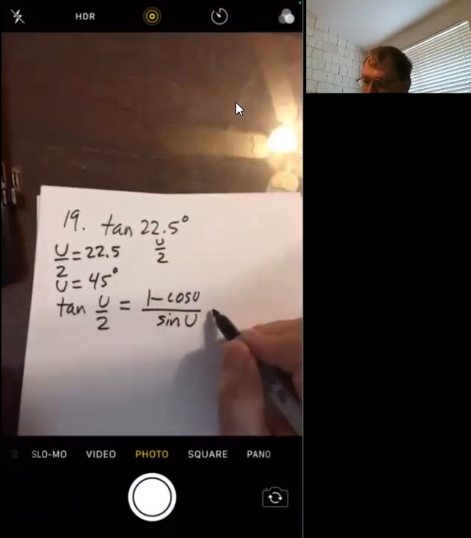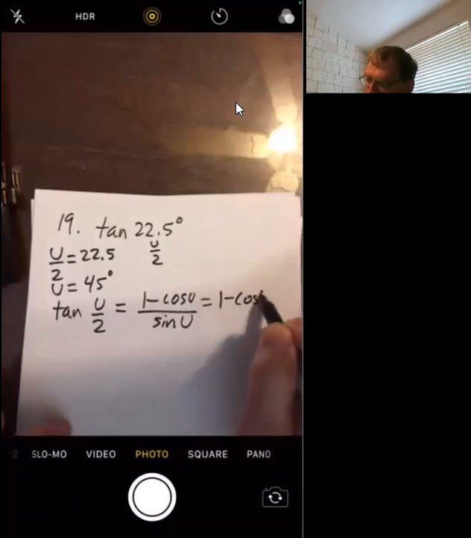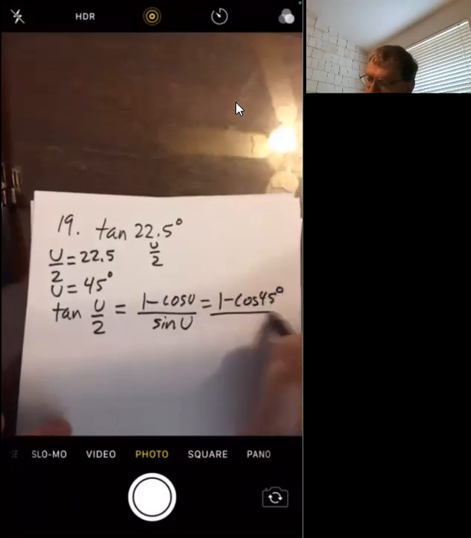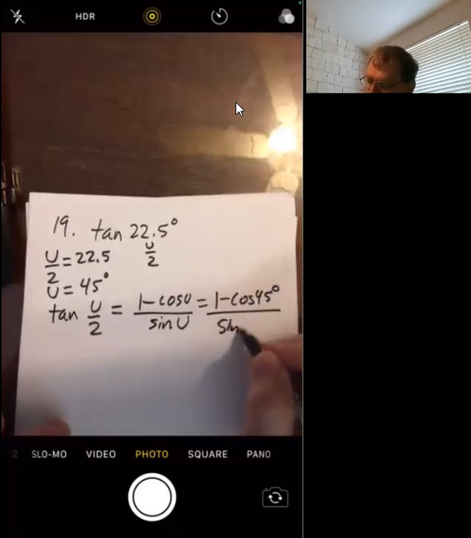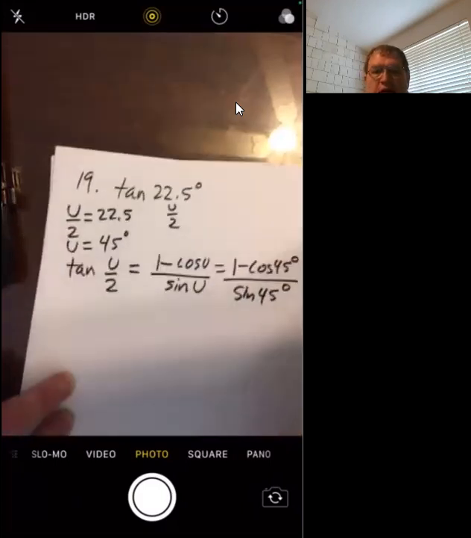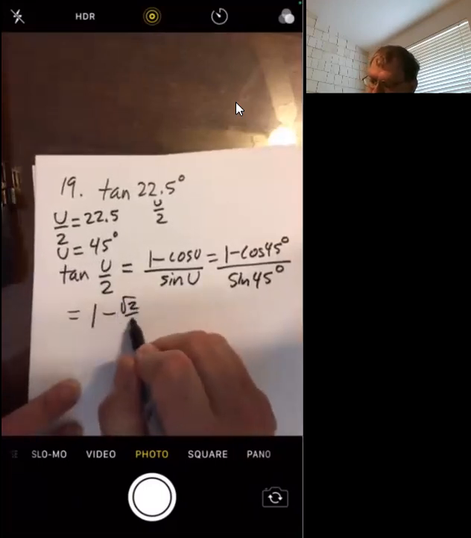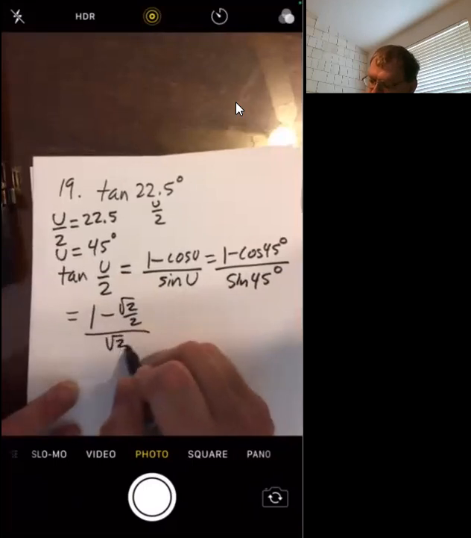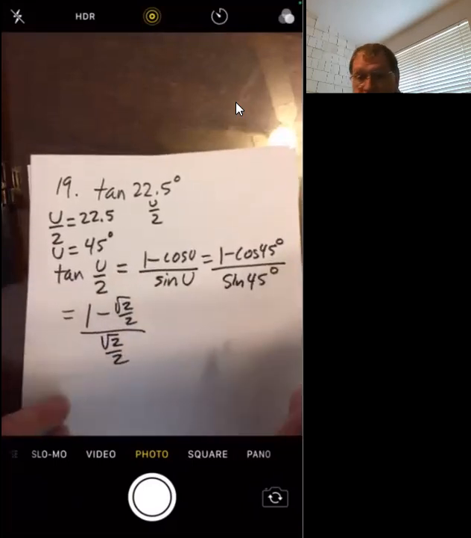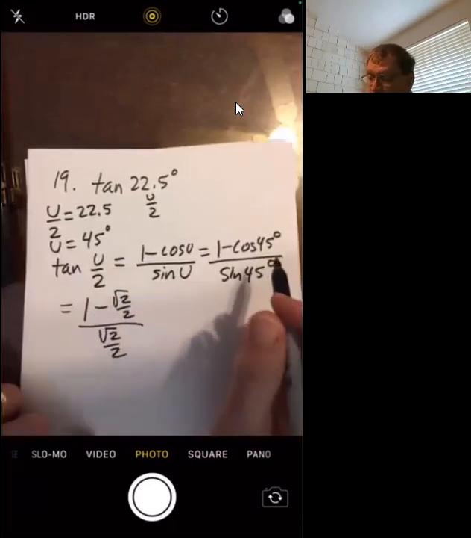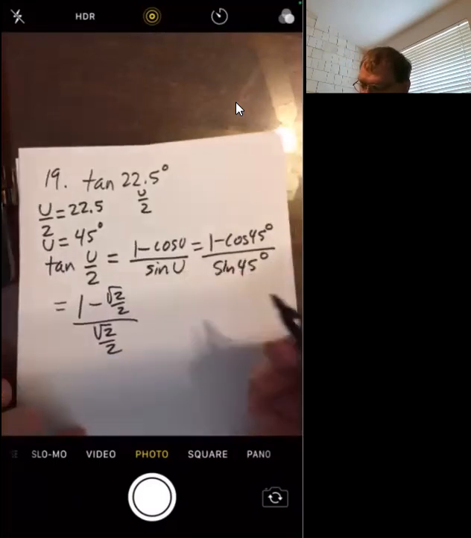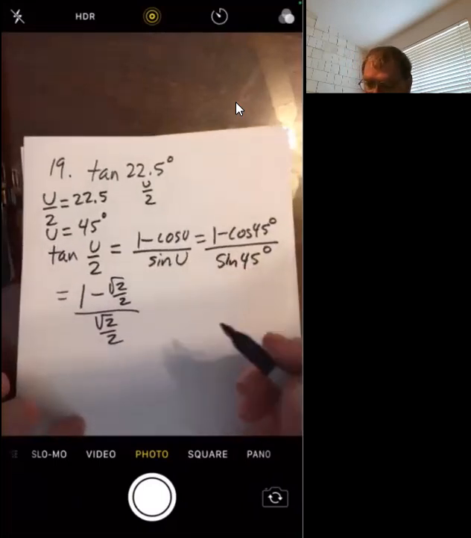So let's see, u is 45, so that's 1 minus a cosine of 45 degrees over a sine of 45 degrees. Well, that will make 1 minus root 2 over 2, and divide by root 2 over 2. Sine and cosine of 45 degrees are both root 2 over 2. They're equal. You can play around with this.